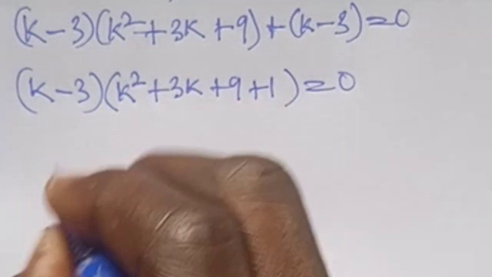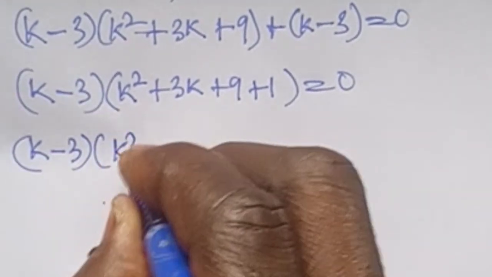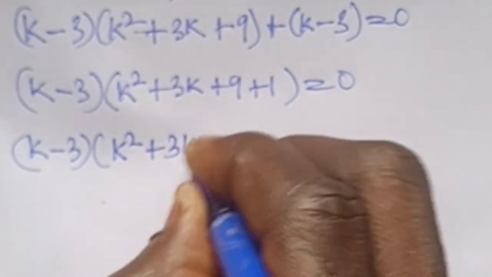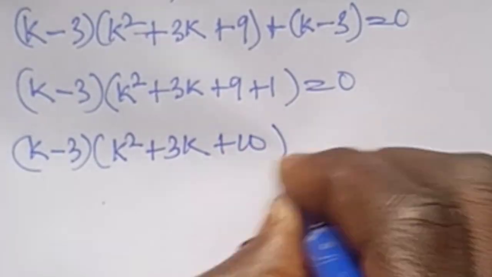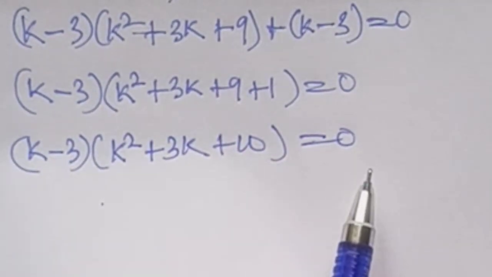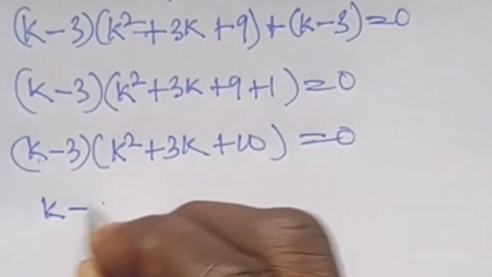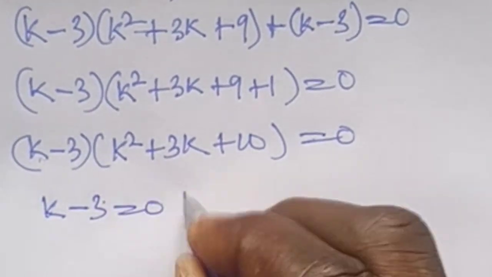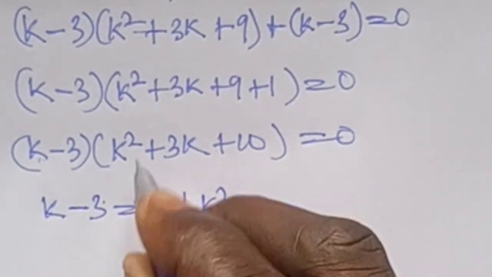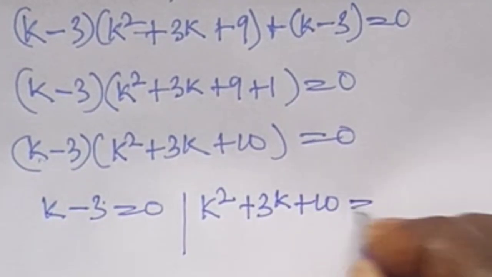And if you do this very well, we're going to have k minus 3 into k squared plus 3k plus 10, this is all equal to 0. And here it will leave us with two solutions. So case 1 will be k minus 3 equals 0, or k to the power of 2 plus 3k plus 10 will be equal to 0.